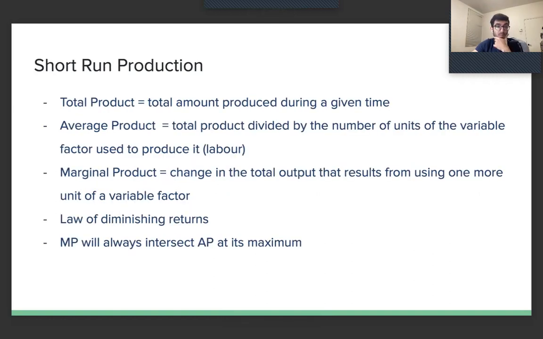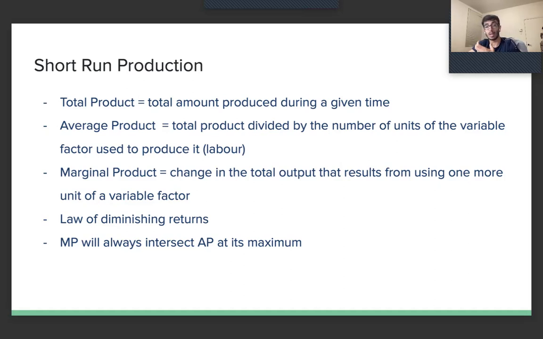Okay. So for short run, total product is just what's totally produced in the economy. Average product is that total product divided by the number of variable factors that were used to produce it. And marginal product is the change in total output when we add one more unit of variable factor. So let's say we hire one more unit of labor.